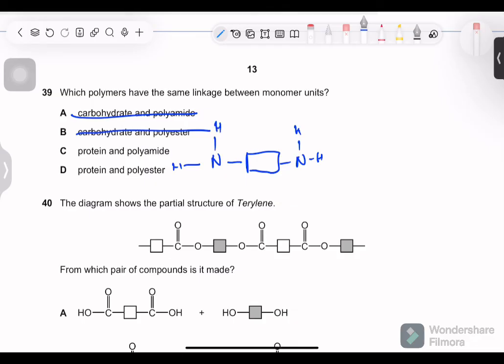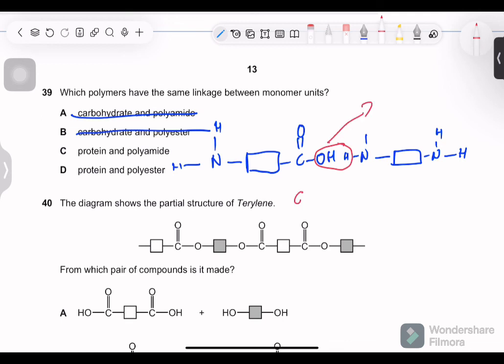So amino acids contain the amine group on one side, and on the other side they contain carboxylic acid. And another of the same type. What happens is when these amino acids join, this OH and H are gone, and the bond is formed like this. So this is the amide linkage.